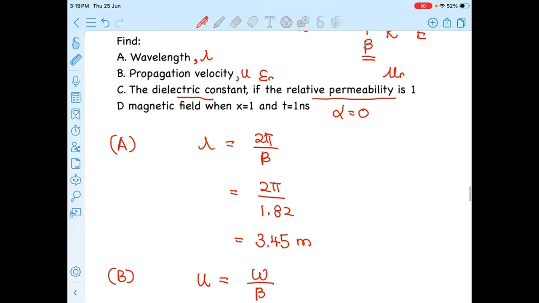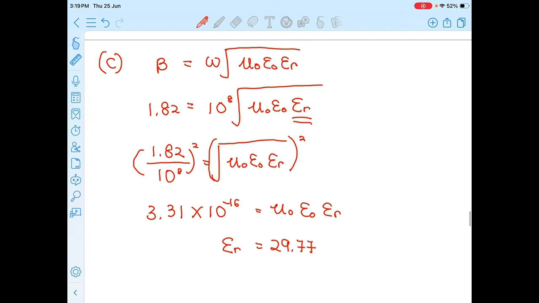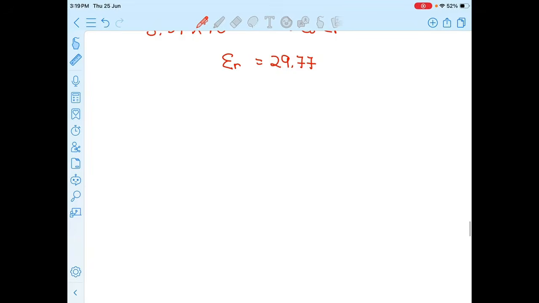Next, find the magnetic field when x is 1 and the time is 1 nanosecond. The question gives you the equation of the electric field, but they didn't give you the equation of the magnetic field, so you have to find it yourself. Your magnetic field will be something like this.